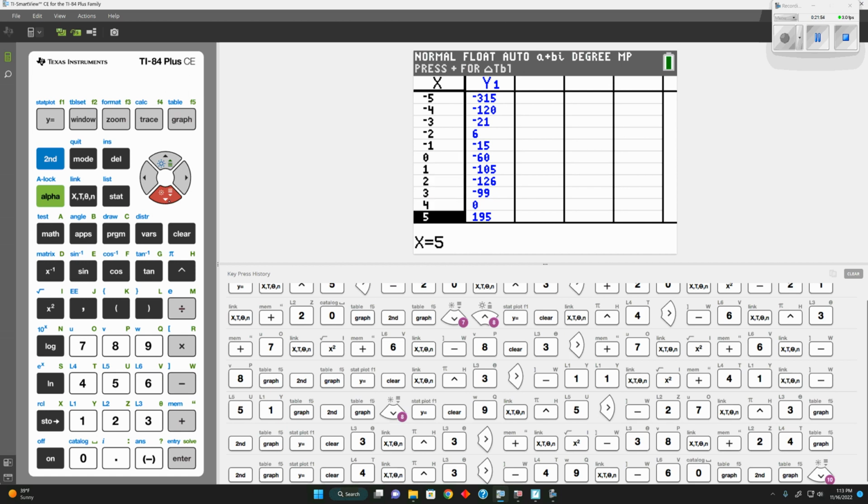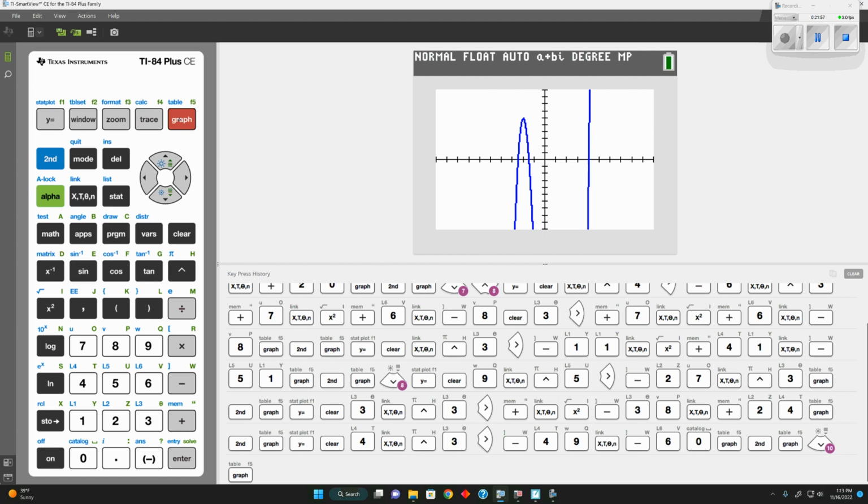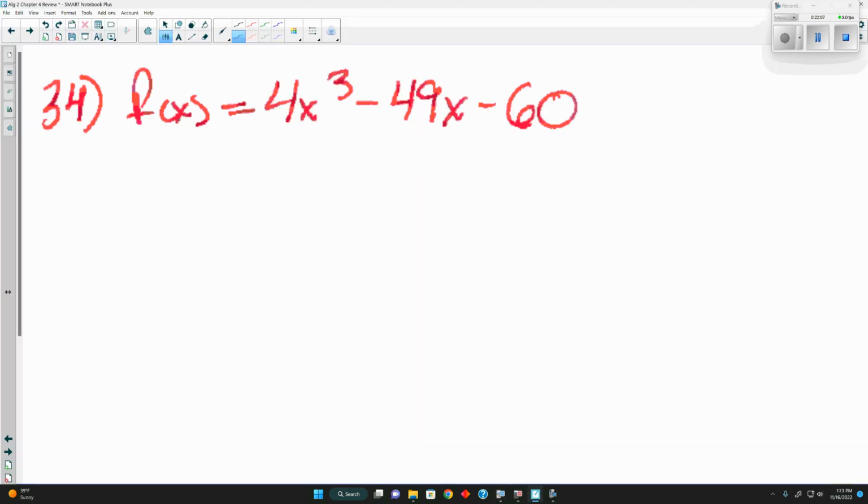So we have 4. And we could do rational zeros and try to guess at what those are, but we know one for sure is 4. So we can set it up.